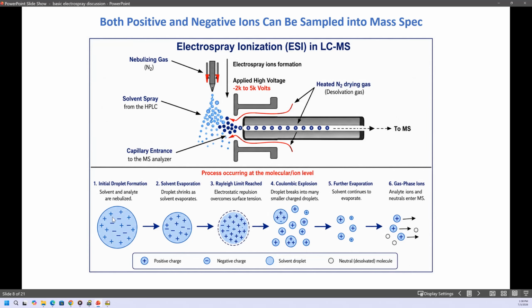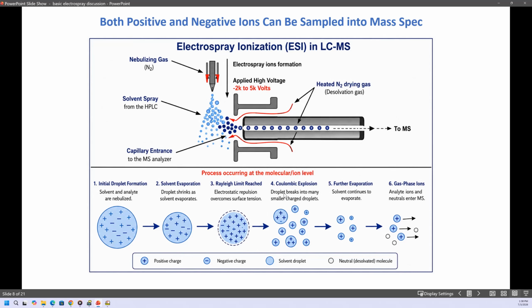So if you look at the solvent evaporation, as they start to evaporate, some droplets start to get more excess positive than negative, etc. And sooner or later, you get the Rayleigh limit reached, where the electrostatic repulsion overcomes the surface tension that you had to do with the solvent.